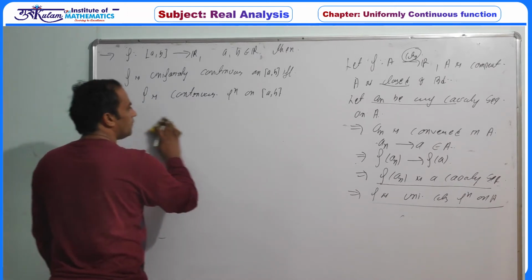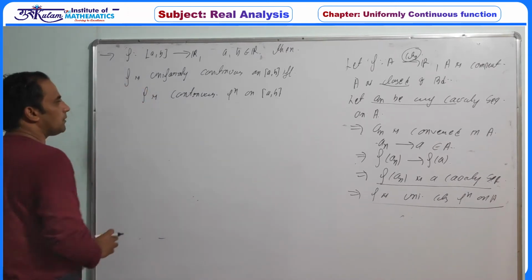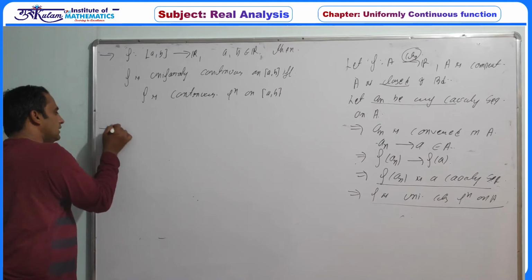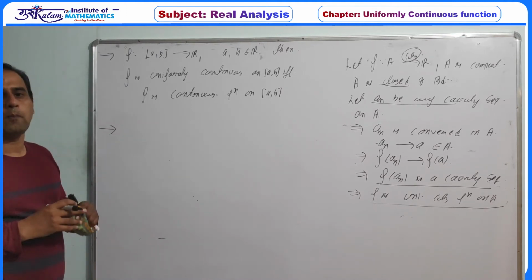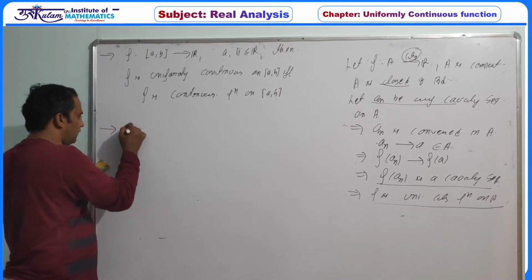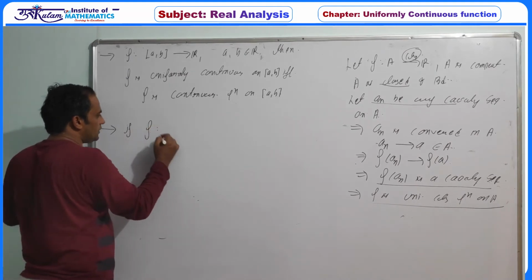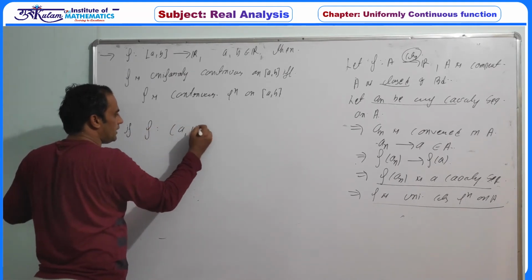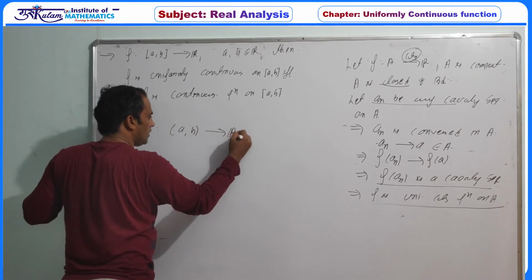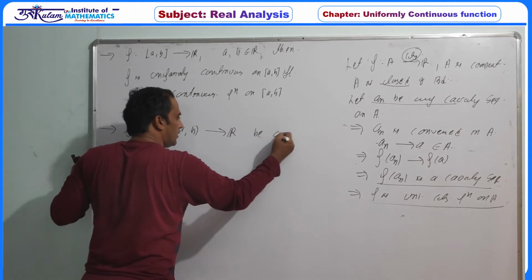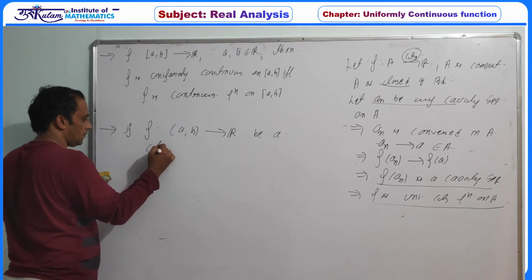So now with the help of this concept, we can define uniform continuity on an open interval. If f is a function defined from the open interval (a,b) to R, say a continuous function.